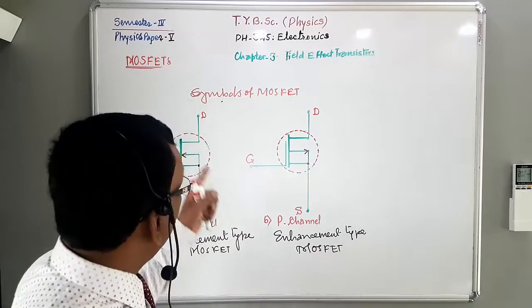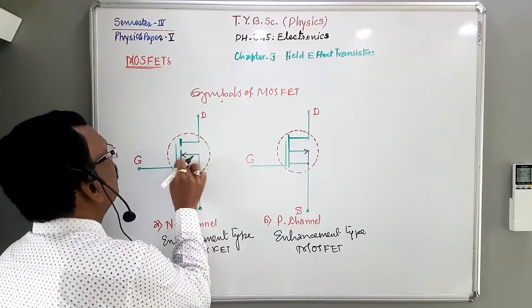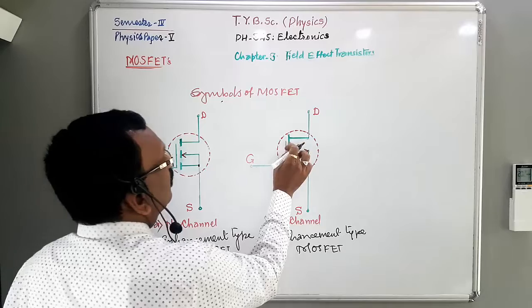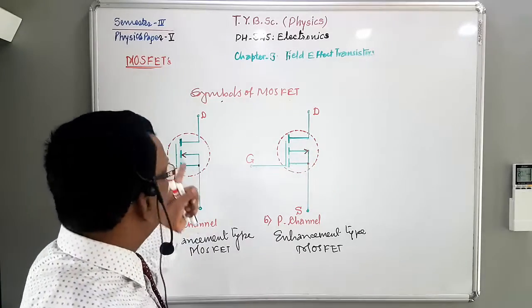See here, what is the difference between depletion type and this? Here only is the difference. This is the dotted line. That means there is no channel.